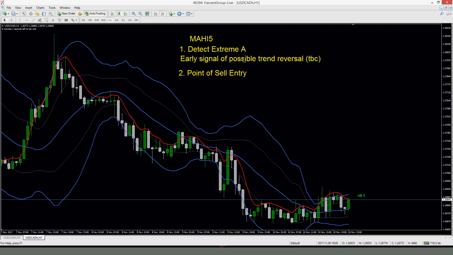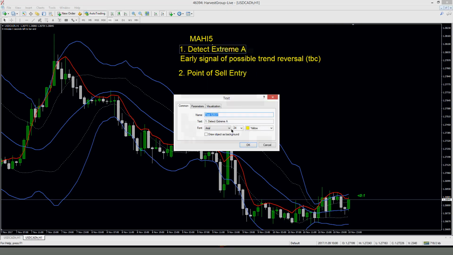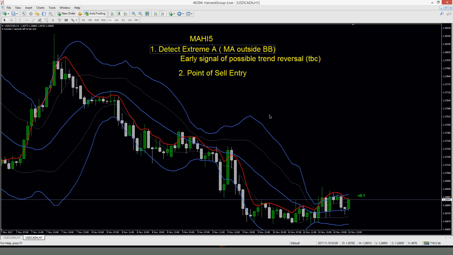So an extreme A is an early signal of a possible trend reversal. Okay, so what is extreme A? Extreme A is whenever the moving average is outside the Bollinger Band.